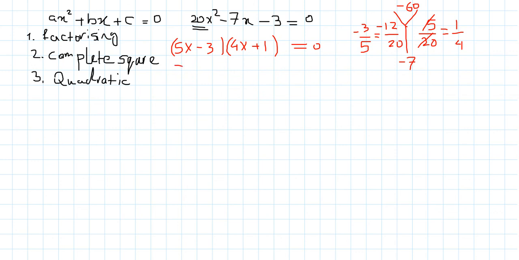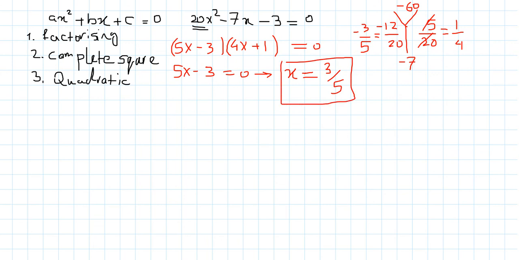Okay, one time the first bracket is equal 0, then x equals 3 over 5. Next time, for x plus 1 equals 0, then x will be minus 1 over 4.